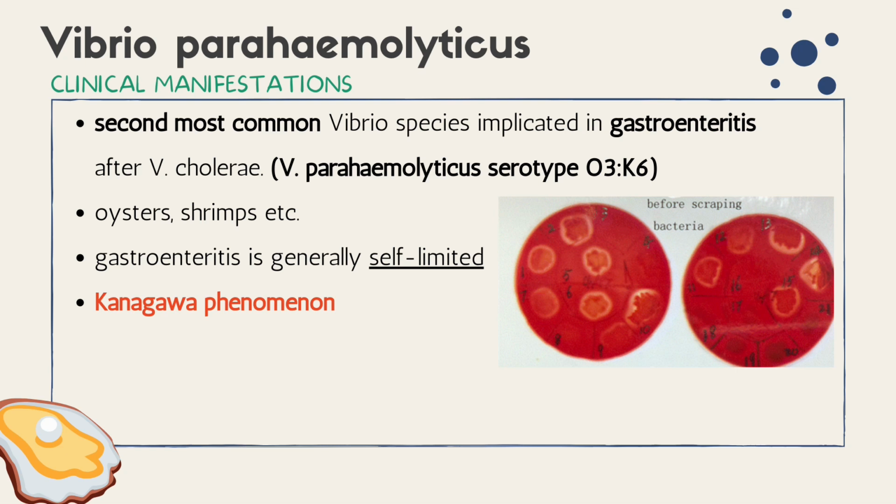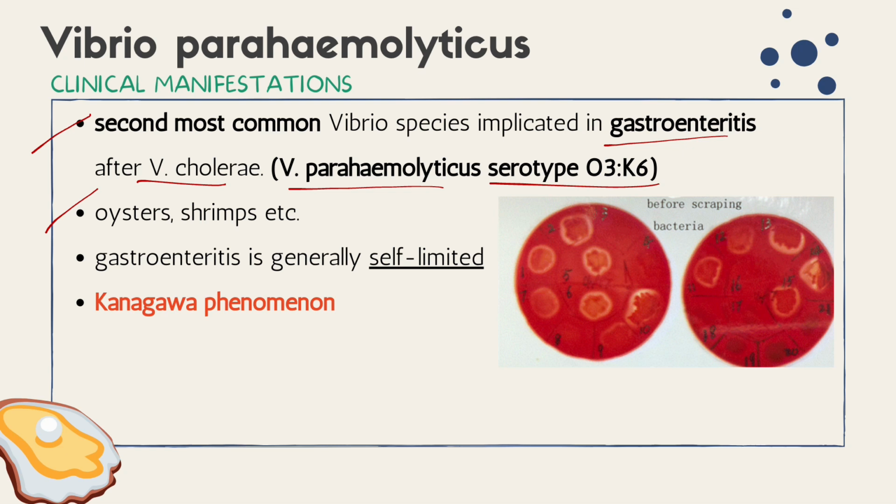Vibrio parahaemolyticus is the second most common Vibrio species that can cause gastroenteritis after Vibrio cholerae. The specific serotype that can cause gastroenteritis is Vibrio parahaemolyticus serotype O3:K6. It is acquired through eating raw fish, oysters, and other marine animals.